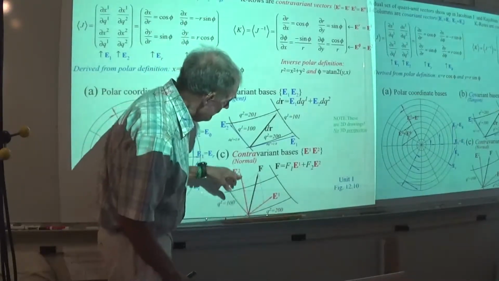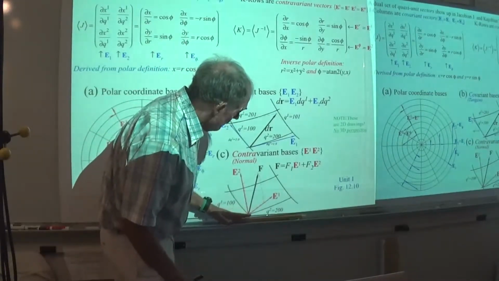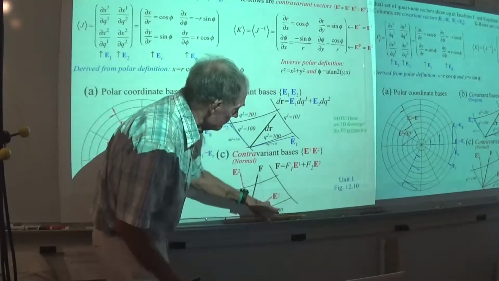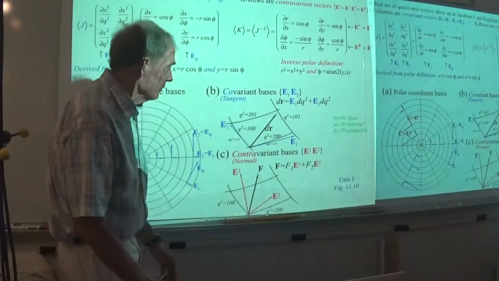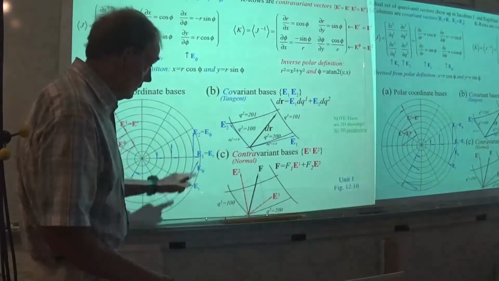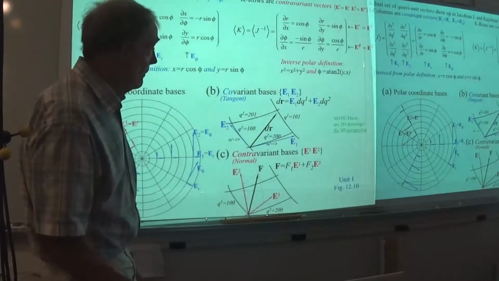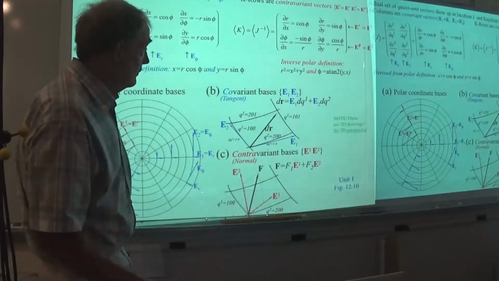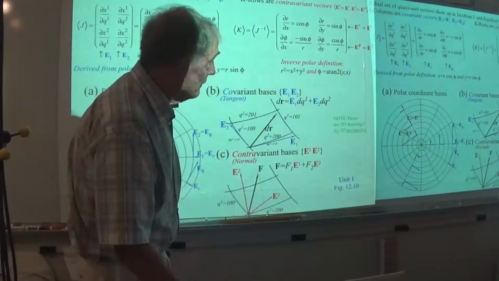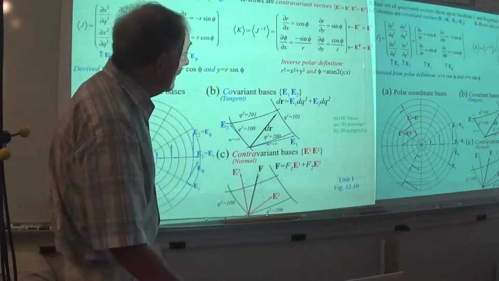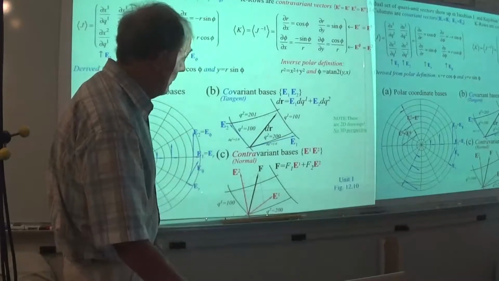And then this one right here is perpendicular to the line that represents Q2 equal 200. Okay, so those are the definitions of these bizarre curvilinear coordinates that work in general. They don't care about whether it's orthonormal or not.